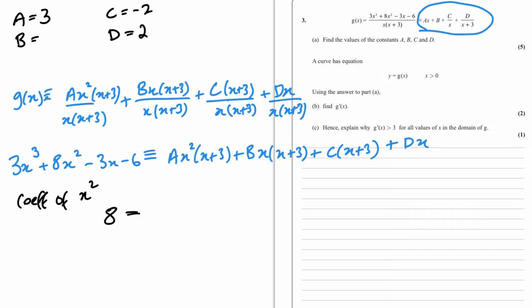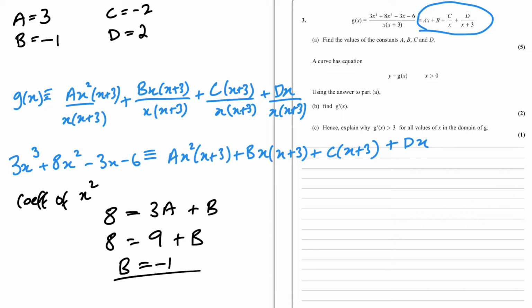Now on the right I've got ax squared times 3, so that's 3a x squared, and I've got bx times x, that would be bx squared, and those are the only two ways of making x squared on the right hand side. Now we already know what a is, as a is 3, that'll give me 9 plus b, so b needs to be negative 1.